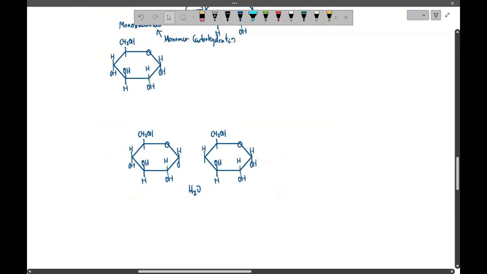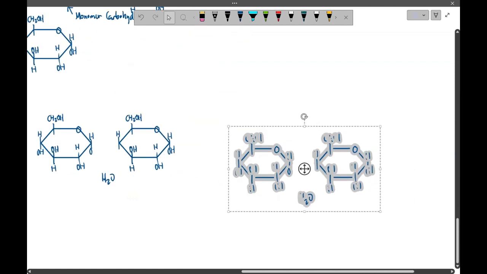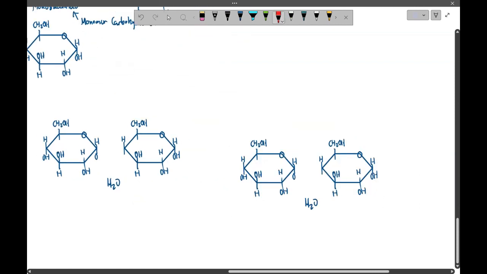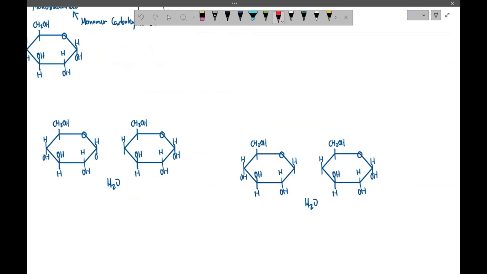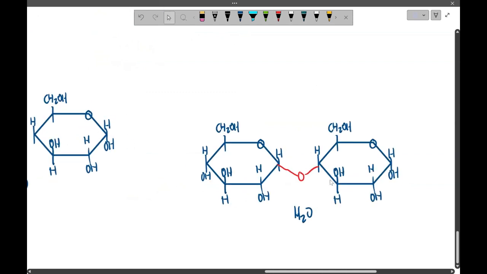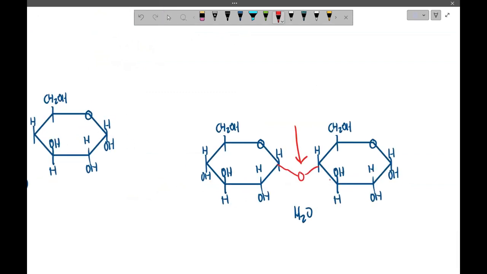Now, once you have the H2O removed, what happens next is that the oxygen over here moves and comes to connect the two molecules. And this is an oxygen bridge. More properly, it's referred to as a glycosidic bond.